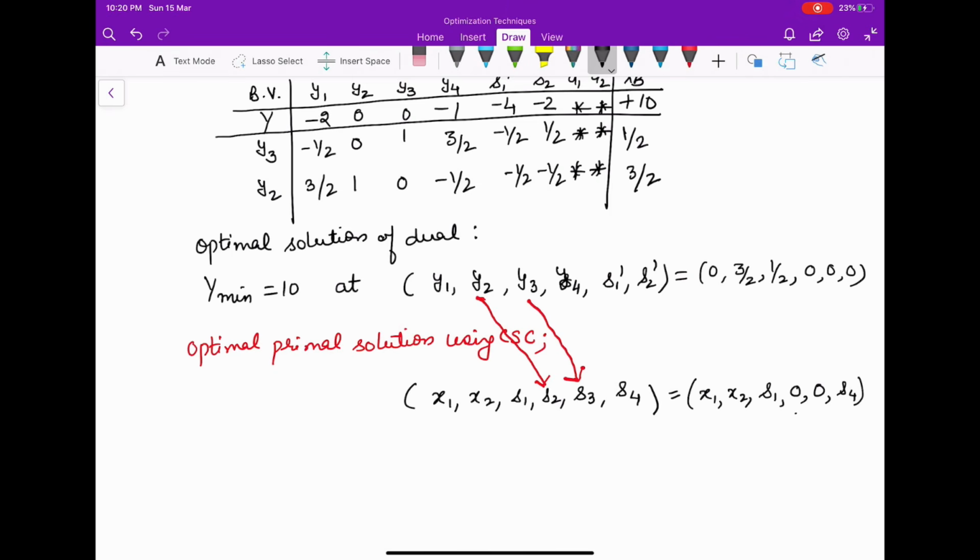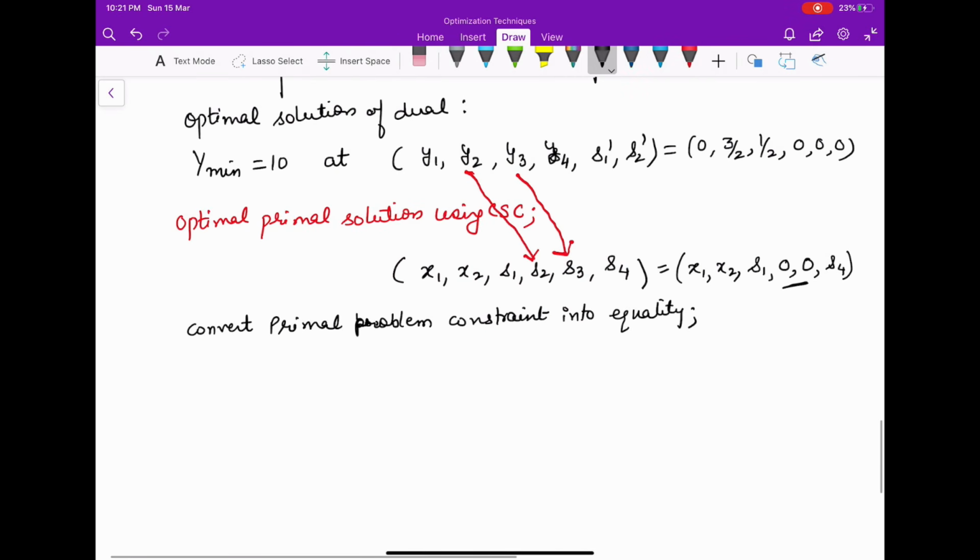Now you know that s2 and s3 are 0. So convert the primal problem constraint into equality, and then solve the reduced system.